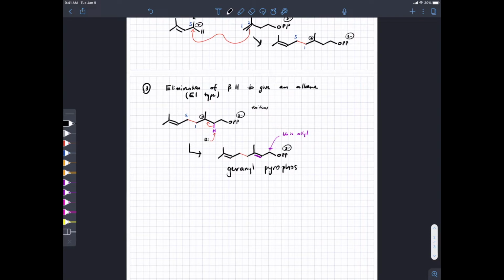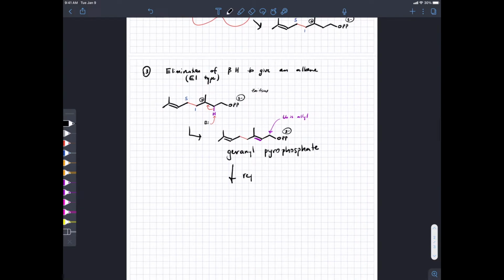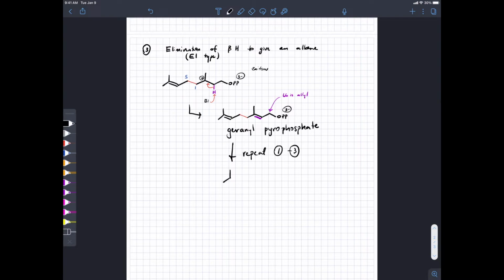And I think if you go to your text and do one of the practice problems there, you'll see that through the exact same steps, you can convert geranyl pyrophosphate into this molecule with 3 isoprene units, which is called farnesyl pyrophosphate.